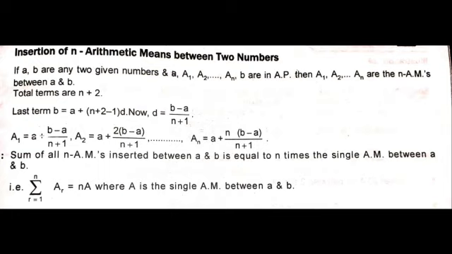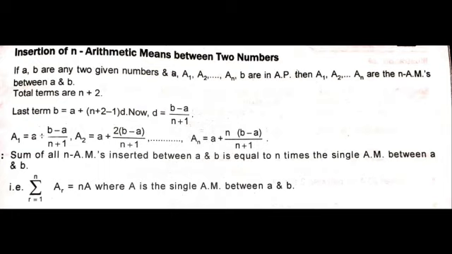That is, last term minus first term, whole divided by n plus 1, where n is the number of arithmetic means required to be inserted between two given numbers A and B. So here we can find A1, the first arithmetic mean, as A plus (B minus A) divided by (n plus 1).